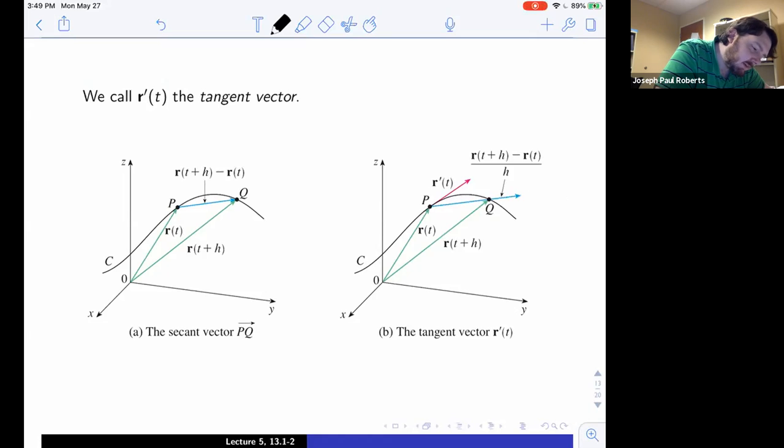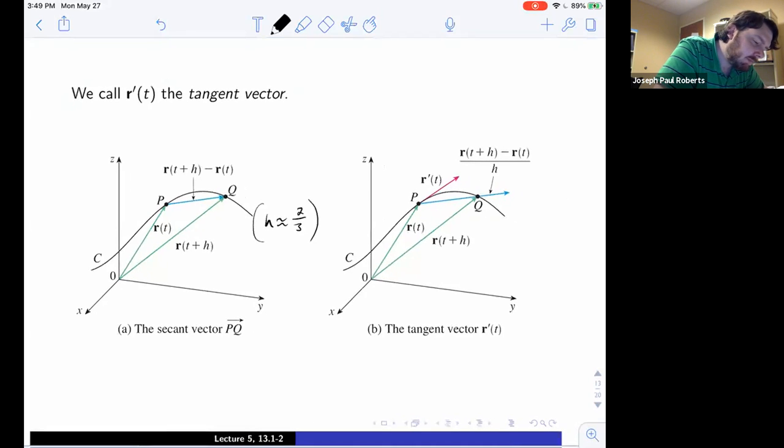So I guess the idea here is maybe h is like, I don't know, 2/3, because it looks like we've stretched the PQ displacement vector by 50%. Dividing by 2/3 is the same as multiplying by 1.5. So maybe h is 2/3 in this picture, so that when I divide by h, I get something slightly longer. And then you take the limit as this h goes to 0.